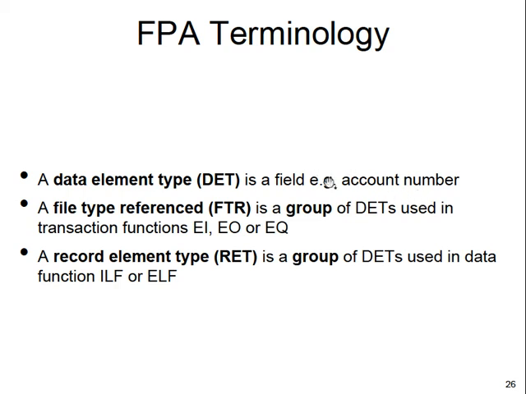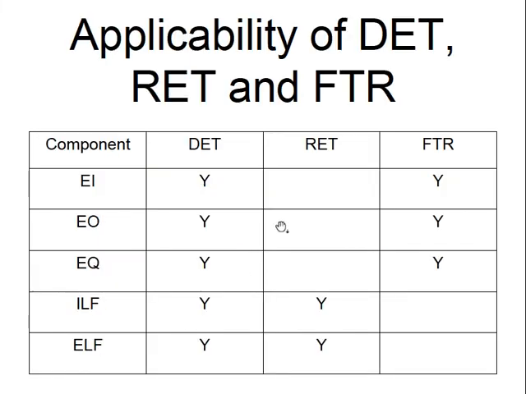Each one is a data element type, and depending on how you're going to use it, if you're going to use it in a transaction, then the data fields will be grouped together as a file type referenced, FTR. If it is going to be used in a data function, then we call it record element type.